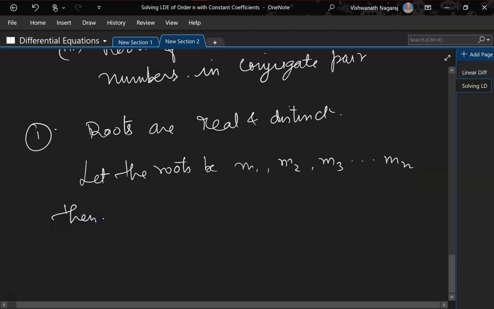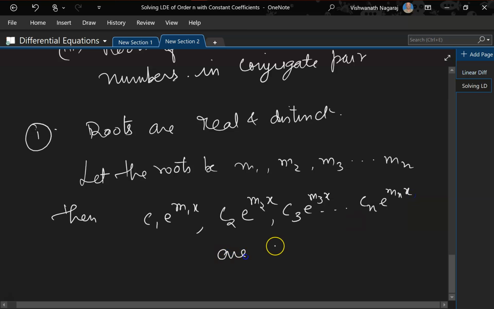Then we know c1 e^(m1x), c2 e^(m2x), c3 e^(m3x) and so on up to cn e^(mnx) are all solutions.